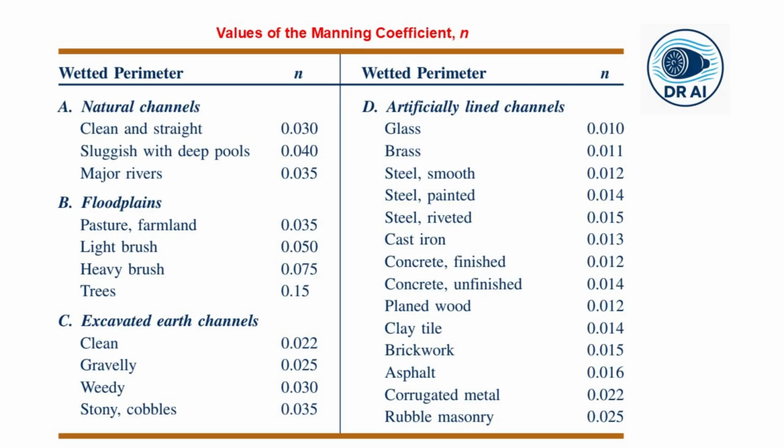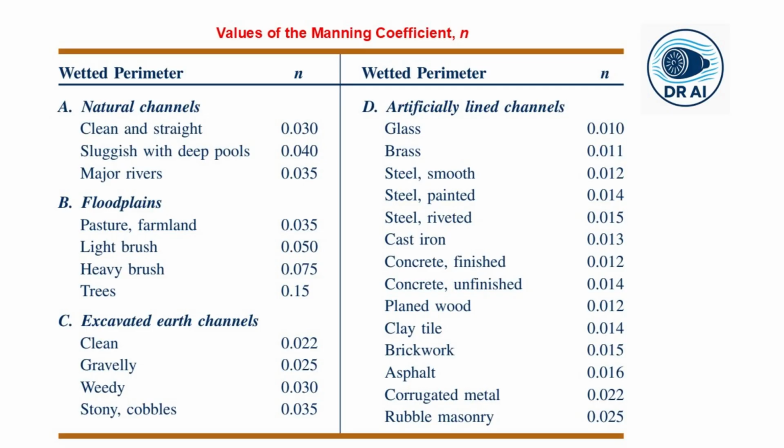A clean and straight natural channel has an n value of about 0.03. A sluggish stream with deep pools is rougher, so n is higher, around 0.04. A flood plain with heavy brush has an n value of 0.075, and a flood plain with trees can be as high as 0.15.